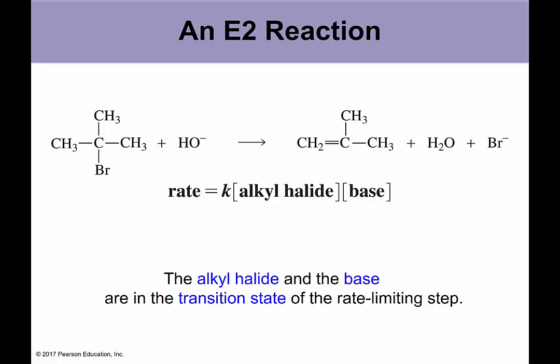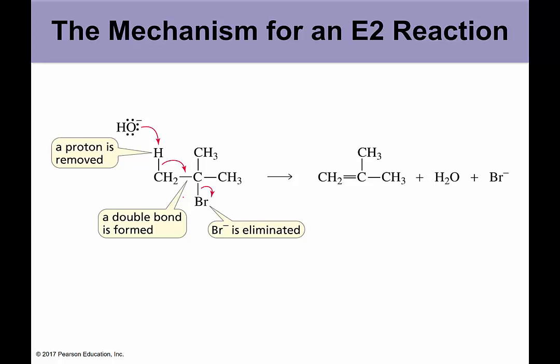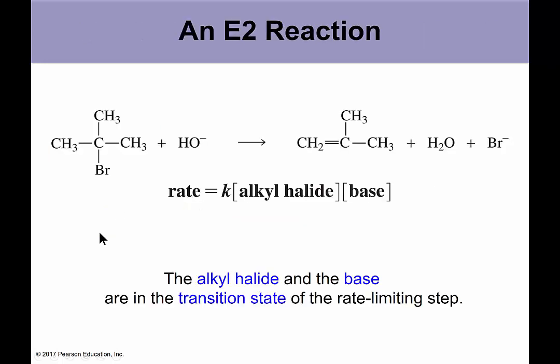Like SN2 reactions, E2 reactions occur as a bimolecular reaction. And what we find from the rate law is that the rate of the reaction is dependent on both the concentration of the base and the concentration of the substrate.